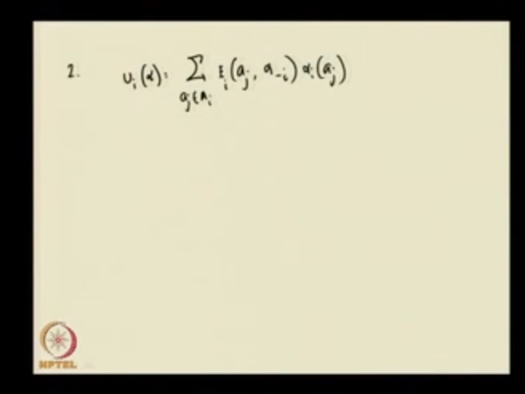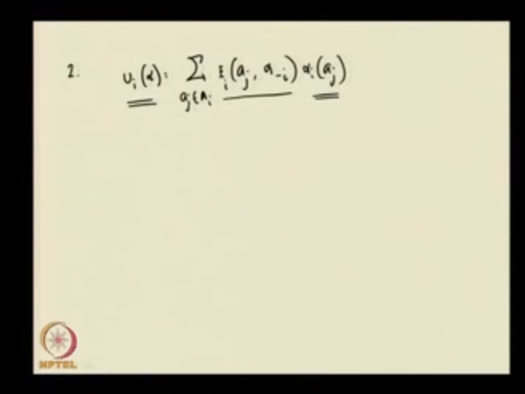Basically, we are talking about the expected payoff from each of the actions of that player and multiplying each of those expected payoffs with the probabilities with which that action is played by player i. Now, here in equilibrium obviously this has to be optimal.